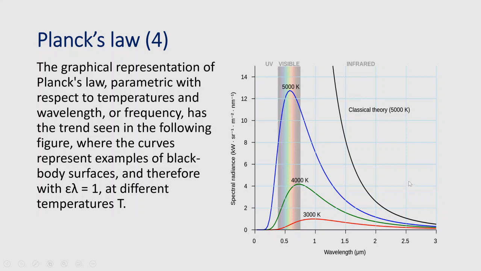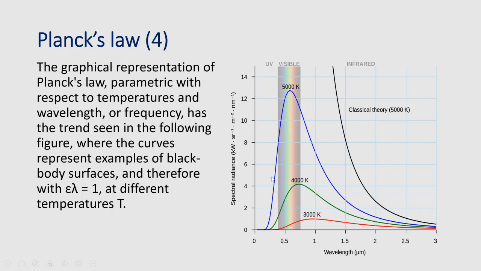So we have the representation of the Planck's law function for the same body at different temperatures. Let's take into consideration 3000 Kelvin, 4000 and 5000 Kelvin, and you can simply understand here that, having the same body, the higher the temperature, the higher the emission.